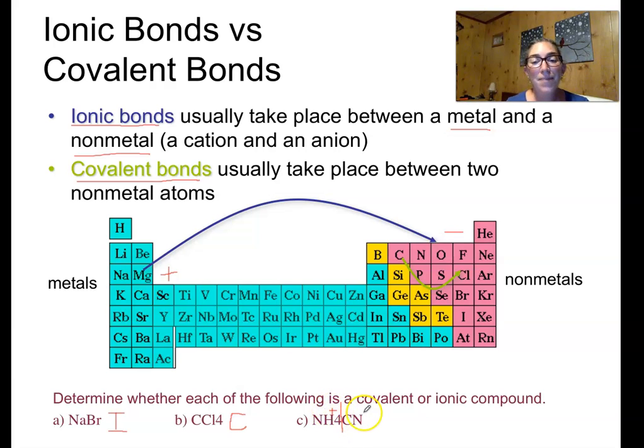NH4 is ammonium, and CN is cyanide. It's made up of a cation and an anion. So that one's a little bit tricky. But ammonium's the only positively charged cation, so even with polyatomic ions in there, usually you have a metal for a cation.